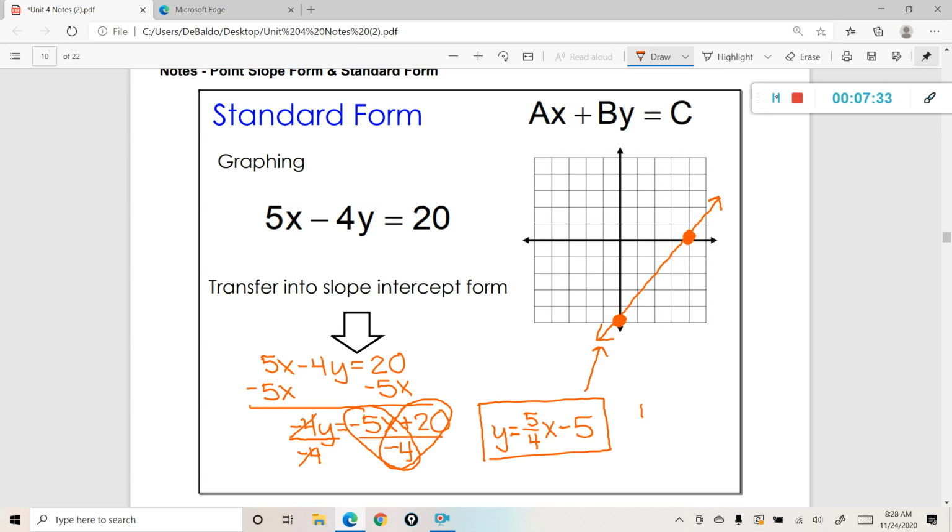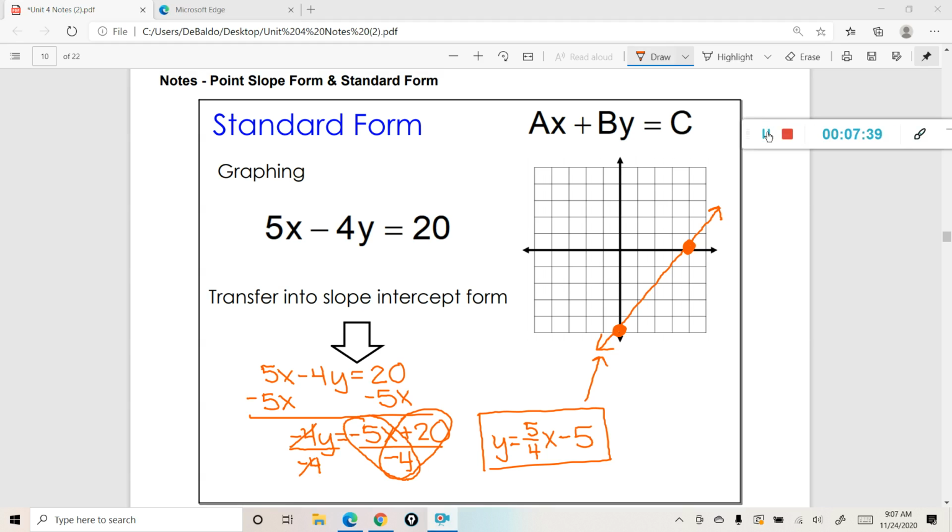Now, there is another way that you can use standard form to graph your linear equation. And let me show you how to do that. The second way we can graph an equation that's in standard form is to look at the intercepts of the graph. Let's pretend that we don't have the equation graphed over here, and let's just take a look at the equation itself.